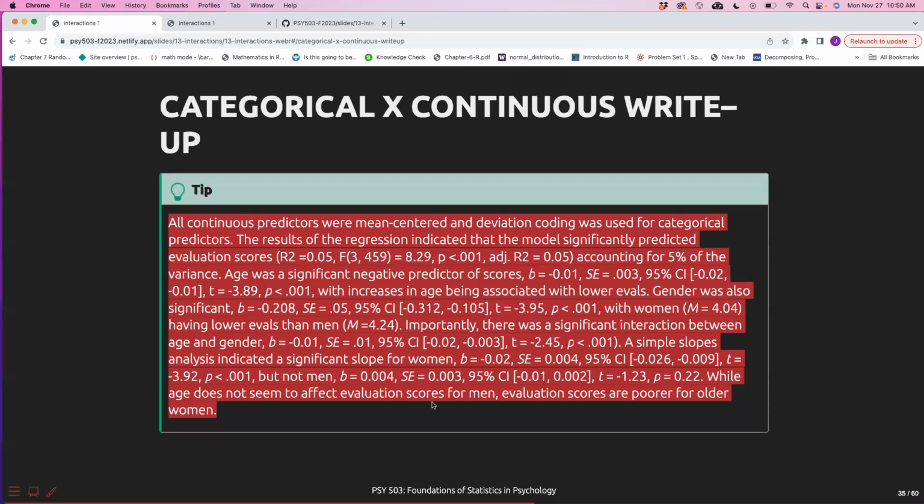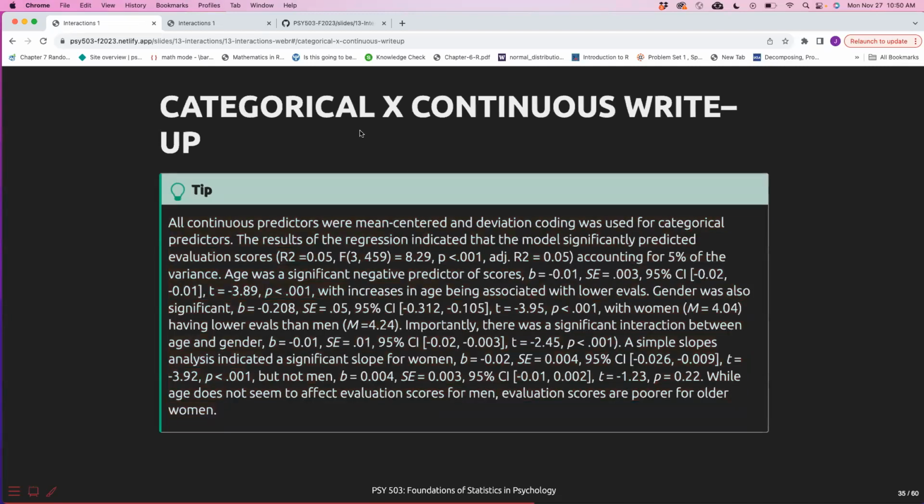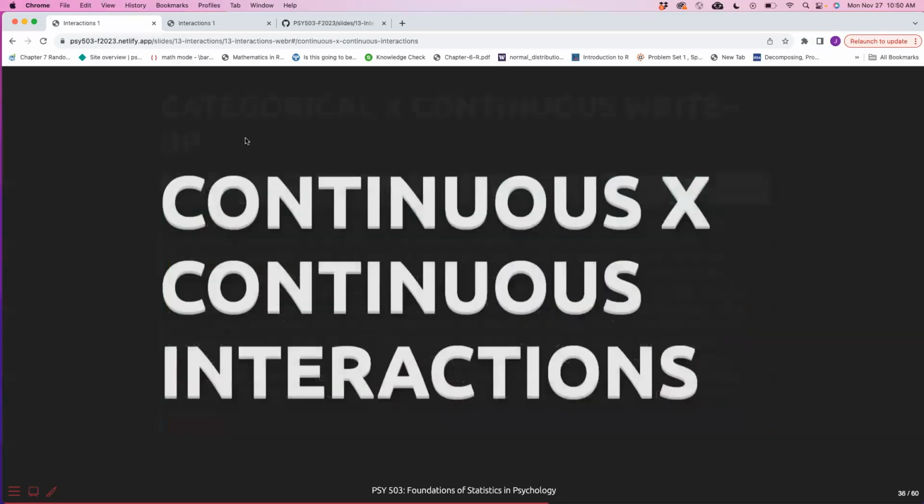So while age does not seem to affect evaluation scores for men, evaluation scores tend to be poorer for older women. This is an example write-up to use for analyses you'll be doing in the future or for the lab on Wednesday.